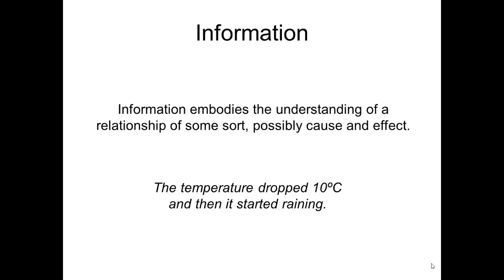We've got a recorded relationship between these two. Whether there's a causal relationship is, of course, another matter. We'd have to observe many instances of the temperature dropping before rain happening to be able to state that this is a general phenomenon. Nevertheless, this is taking two individual items of data, the temperature and the rain, putting them together to provide more, what in this case is being called information.